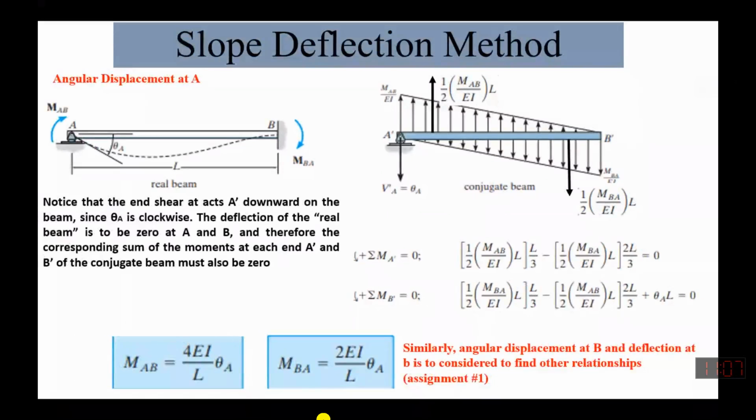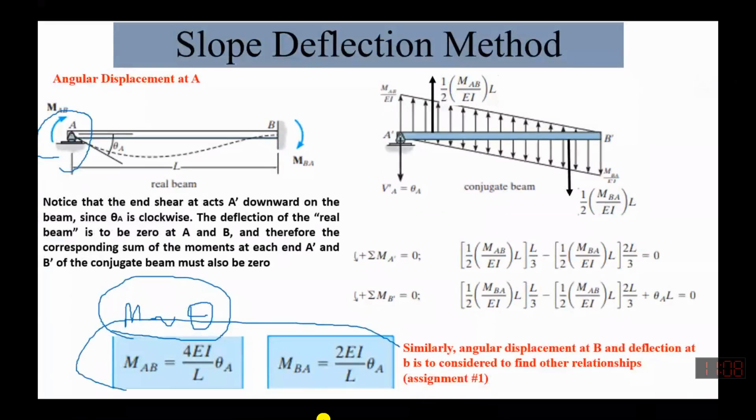So it means if you are asked in the paper, please tell what is the relationship between moment and theta, moment and rotation for a single degree of freedom structure. So you will derive this expression, you will derive these two relationships.